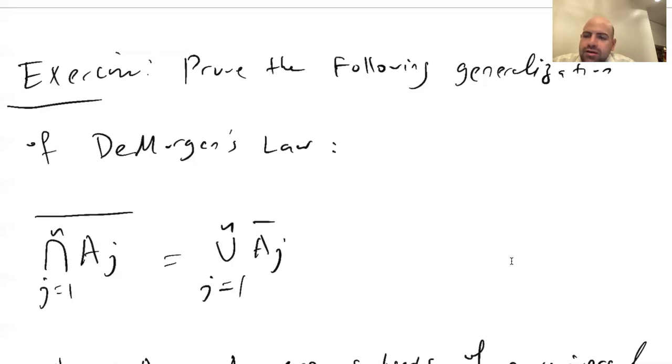But the key here is to do lots of exercises and practice to get comfortable with how you do the inductive step, because the basis step is easy, but for the inductive step, how can you go from the induction hypothesis, which says the statement holds for n equals k, to show that the statement holds for n equals k plus 1? How can you make the connection between the assumption and conclusion in this case? So please do lots of practice.